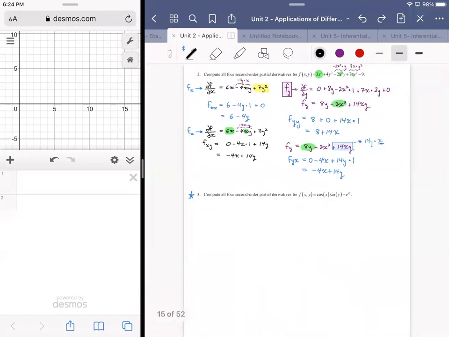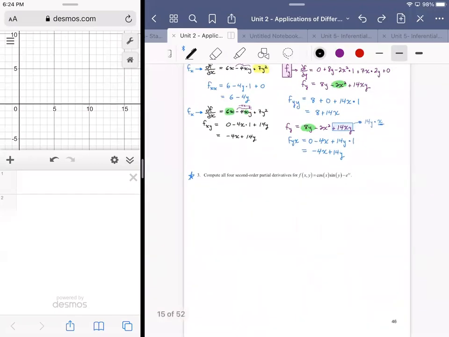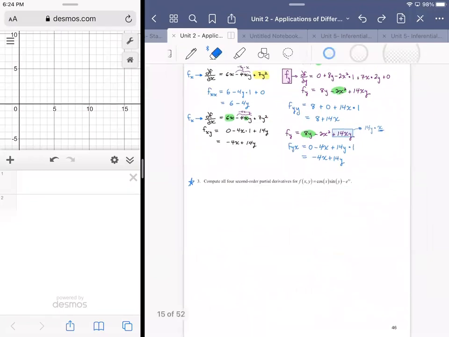So we're going to hop on up to page 46. Compute all 4 second-order partial derivatives for cosine x sine y minus the exponential e to the xy. It's an interesting problem. Just by looking at it, you're in for an adventure in coming up with the solution.